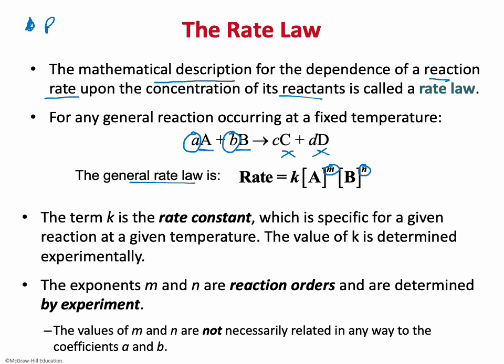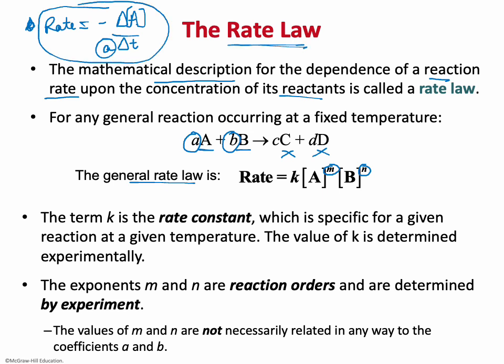That part tells you rate is equal to negative change in concentration of A over time divided by a. This is where we use the stoichiometric coefficient. But when we are writing the rate law, the coefficient does not play a role. Most of the times these numbers are different from the stoichiometric coefficient. They can be the same. m can be equal to a, but it's not necessary.